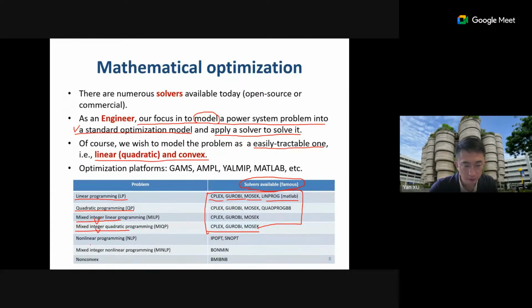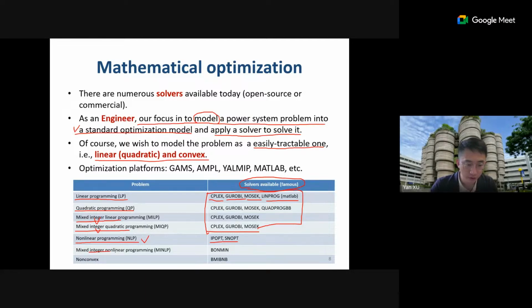And sometimes, no matter how much effort we put in, the problem is always nonlinear. It's difficult to make a linear format. So if this is the case, we can still use open source solvers to solve this nonlinear problem. However, we cannot guarantee its optimality sometimes, and we cannot guarantee its solution time. Sometimes it may take an extra long time to solve the model.